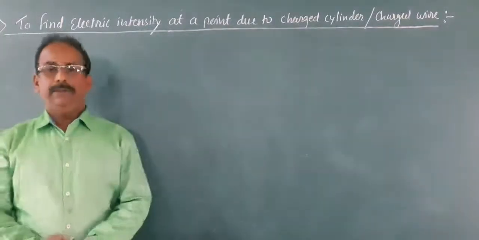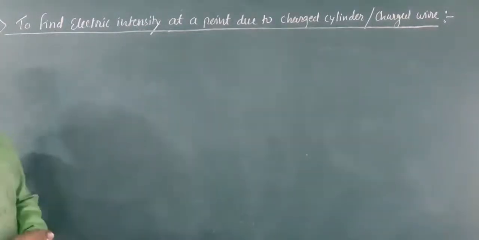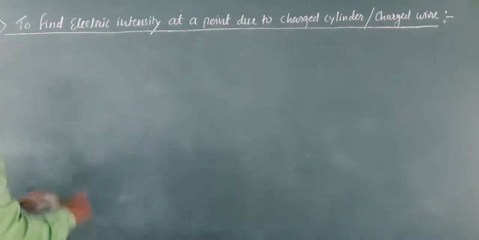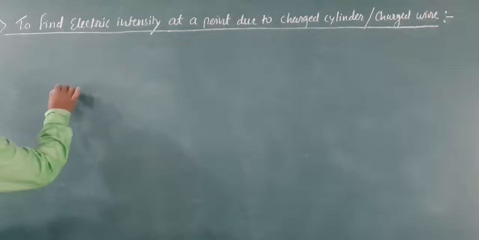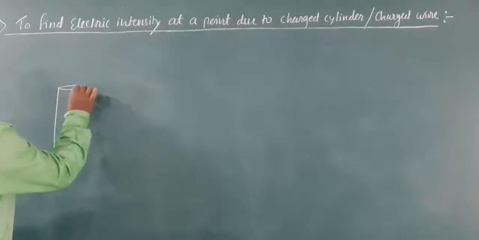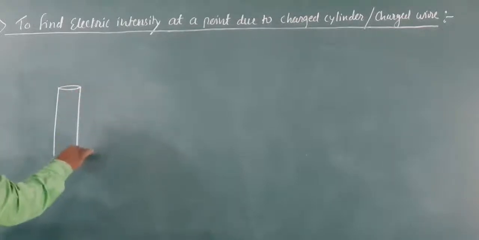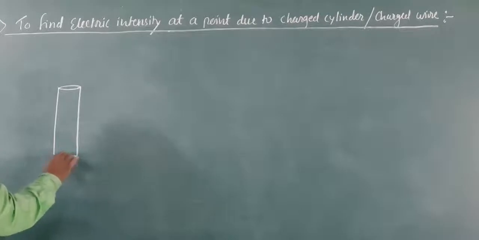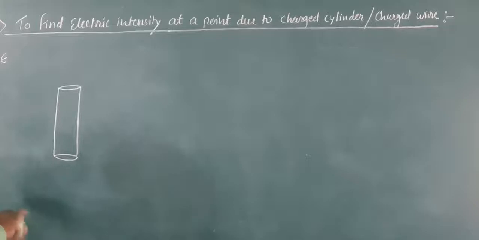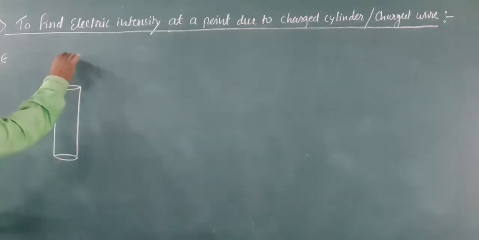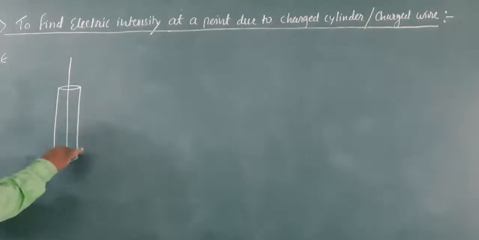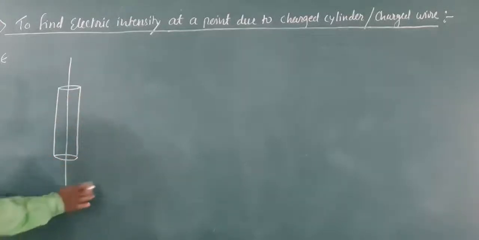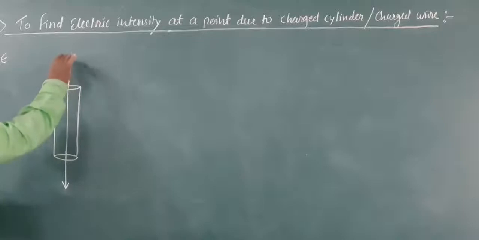See how to find this. Take one cylinder in a medium of permittivity epsilon, or a wire in a medium of permittivity epsilon. Suppose that this cylinder or wire is infinite on both sides.